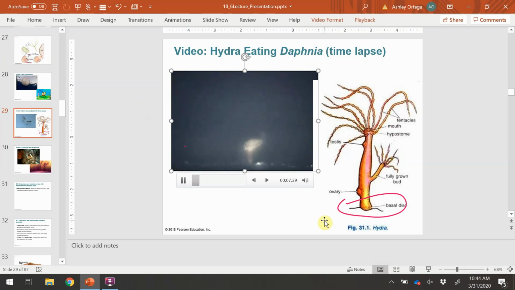So there he's grabbing it, and now he's trying to swallow it. So it's about mid-swallow there.